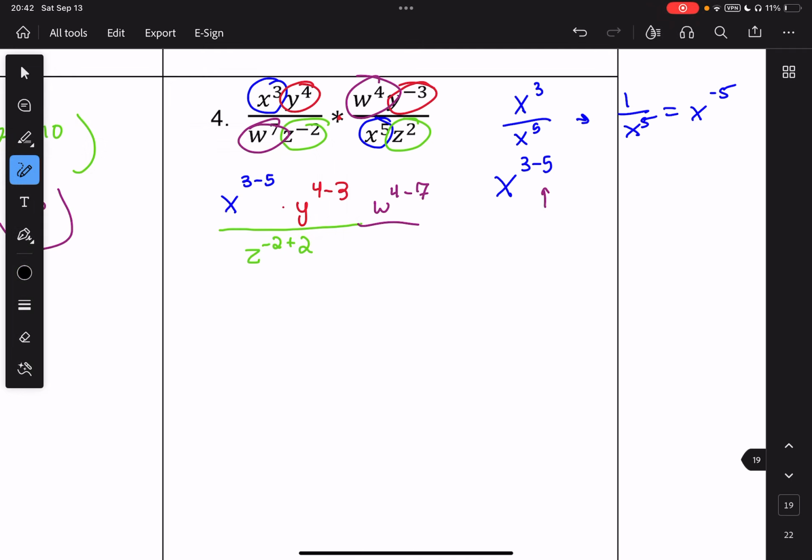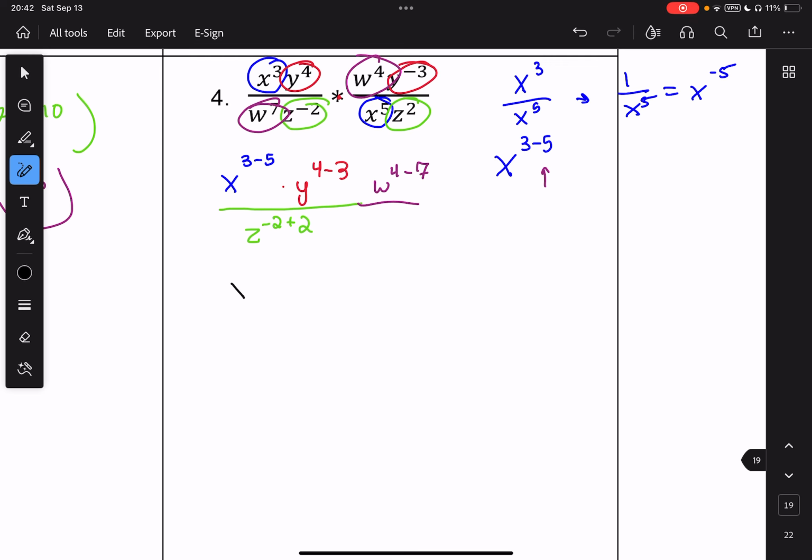So now to simplify, x to the 3 minus 5 becomes x to the negative 2 times y to the 4 minus 3, or just 1, times w to the 4 minus 7, or negative 3, all over z to the negative 2 plus 2, or 0. So to simplify this, x to the negative 2 we're going to put in the denominator.